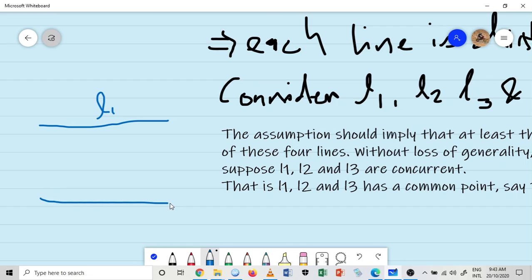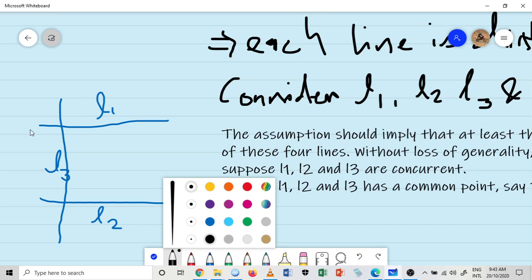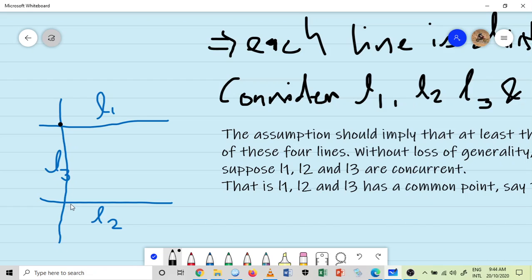This here is L2. This here is L3. Also, based on our assumption, we have here points. We call this P1. We call this P3.